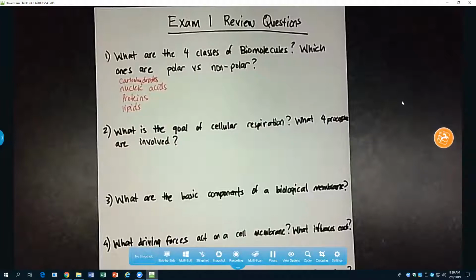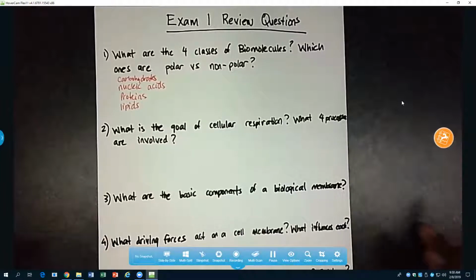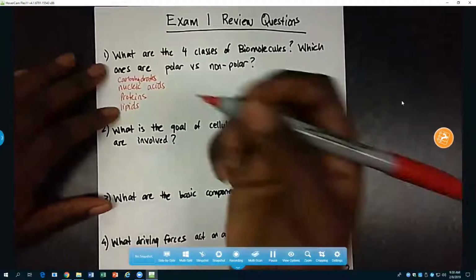Now of these biomolecules, which ones did we say were polar? And what does polarity mean? So which of these were polar and what does polar mean? All right, polar means that it likes water, right?